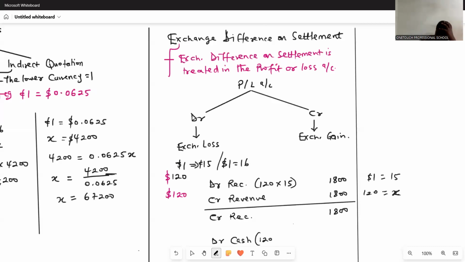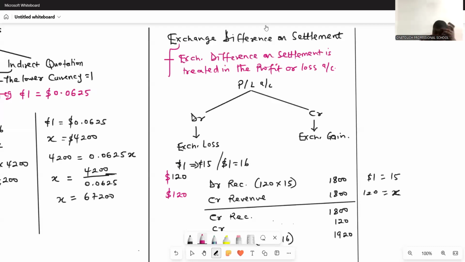So 120 times 16 gives us 1,920. So the difference of 120 here, you can see that it will go to the credit side, right?